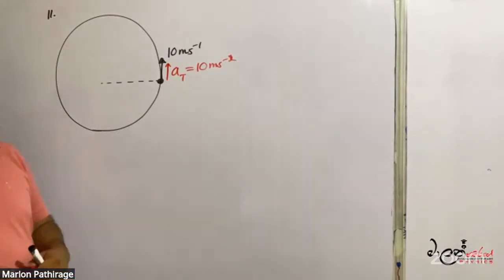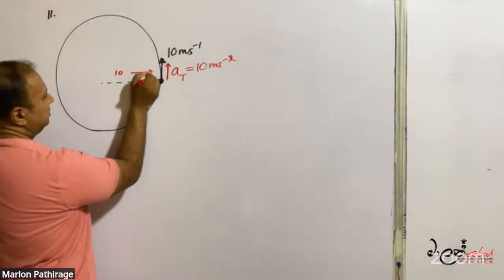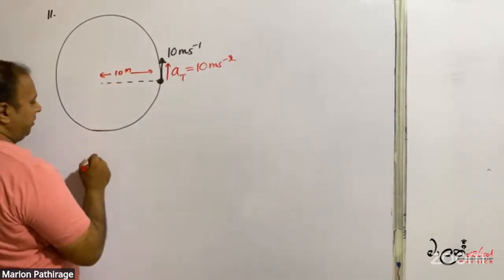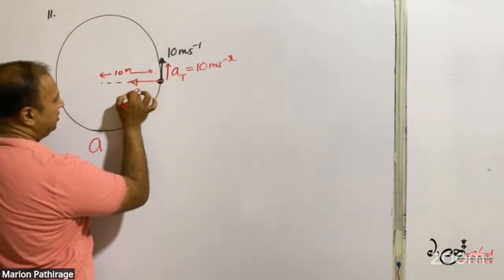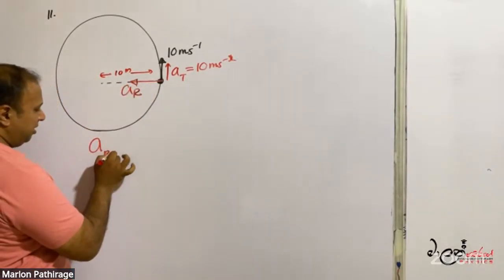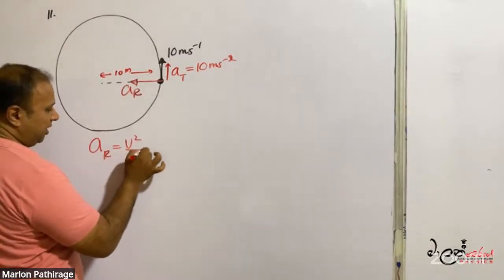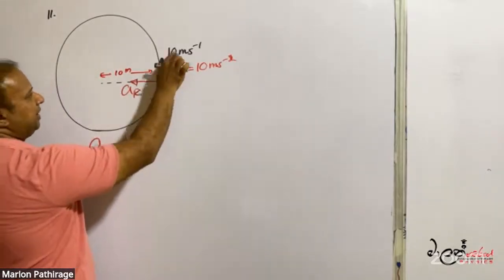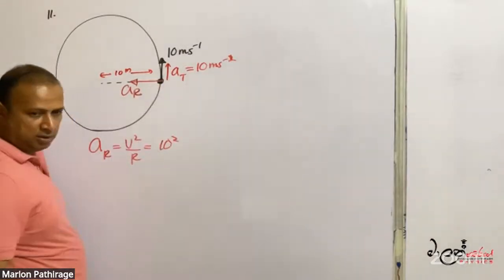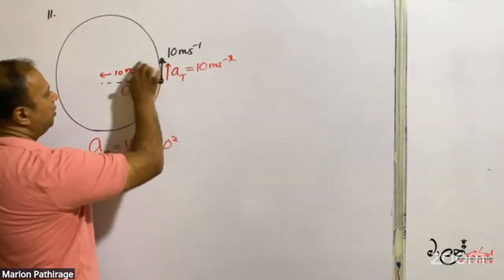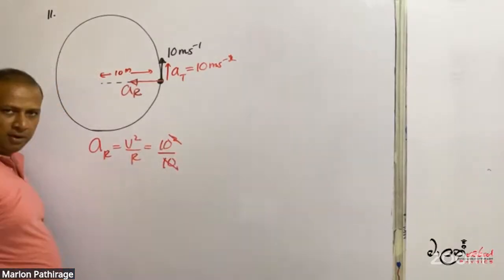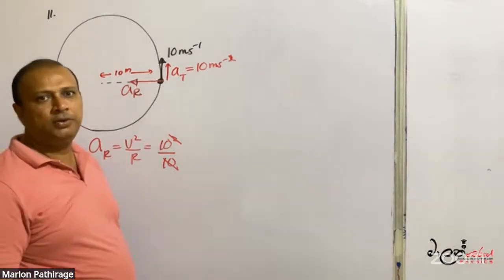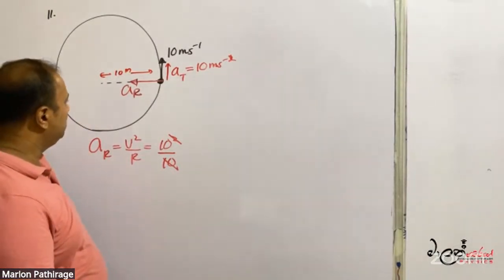Here, this length is 10 meter. Therefore, radial acceleration should be equal to v squared over r. V squared means 10 squared over r, which is 10 meter. 10 to 10 will be cancelled out. Therefore, the radial component is also equal to 10.